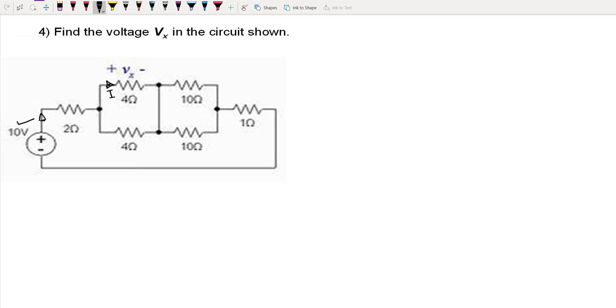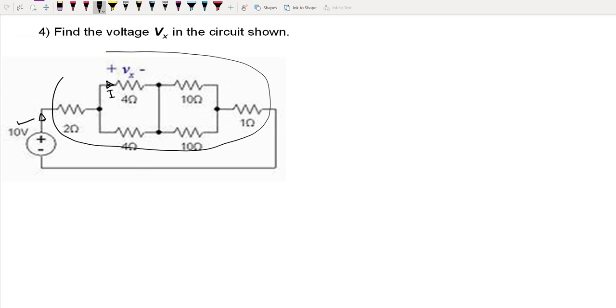What you can first find is the total current, because as you can see, all the resistance values in the circuit are known. All the 6 values have been given. There are no unknown resistances. Therefore, you can find the total resistance of this entire network as seen from the source.